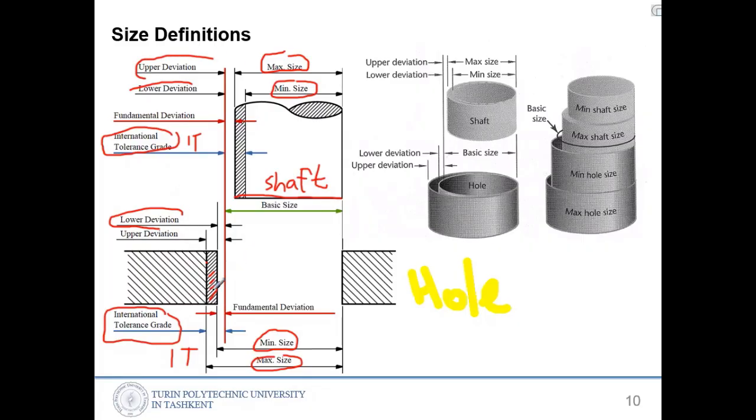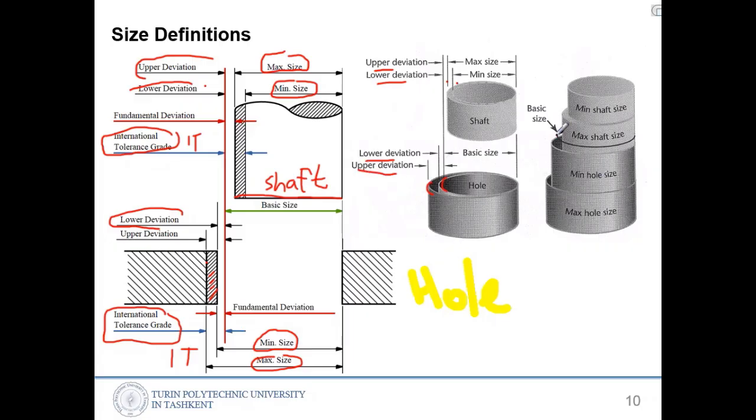Here the basic size is the ideal one, with the minimum shaft and maximum shaft. The maximum relative to the basic size gives the upper deviation, and the minimum gives the lower deviation.